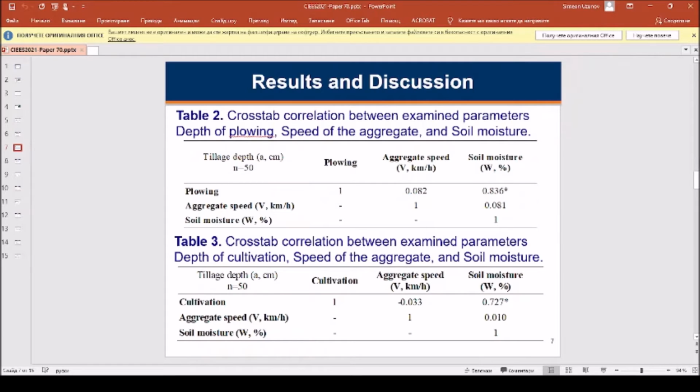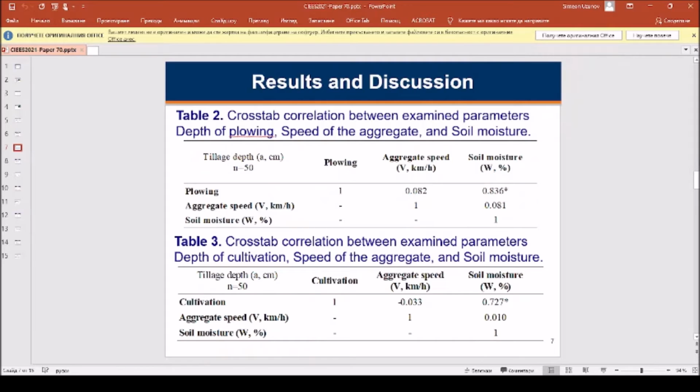The Pearson correlation coefficient R reveals that there is a very weak correlation between the factors speed of the aggregate and soil moisture. R is equal to 0.081, i.e. their influence on the studied parameter depth of plowing can be analyzed separately.